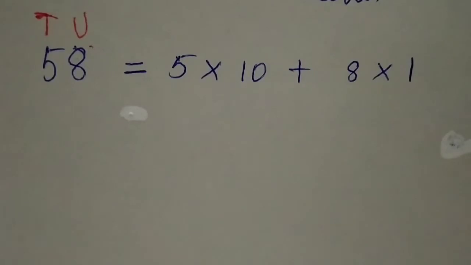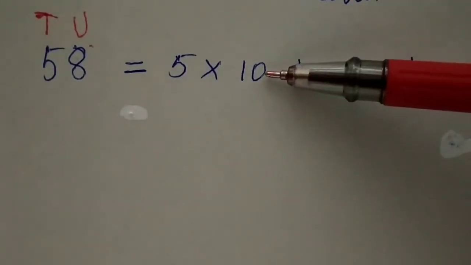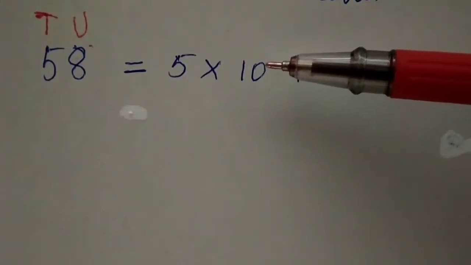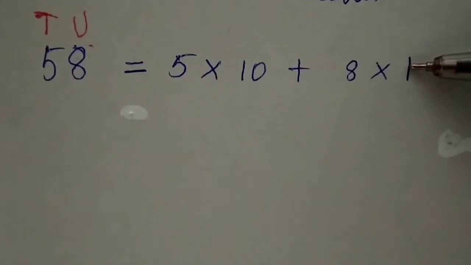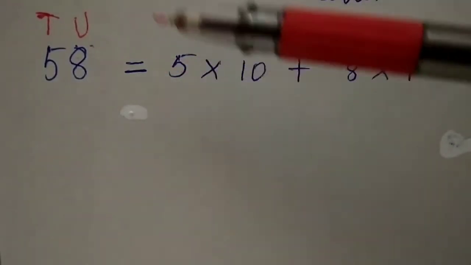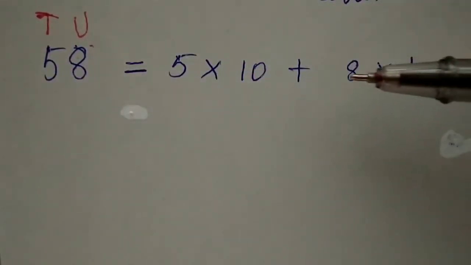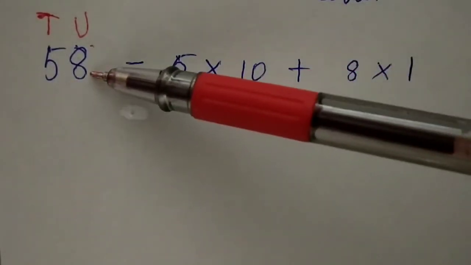Okay, now how will you write, children? See, when I expand this, what is 10? This 10 is standing for the tens place, and this 1 is standing for the units place, right? This 5 is the digit in the tens place, and 8 is the digit in the units place.